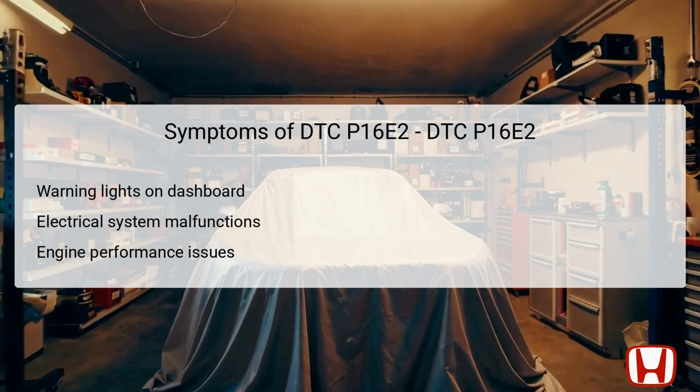Engine performance may also deteriorate as the ECM struggles to regulate the engine functions without accurate data from the alternator. In some cases, drivers may experience stalling or difficulty starting the engine. Recognizing these symptoms promptly can aid in timely diagnostics and repairs, preventing further complications down the line.